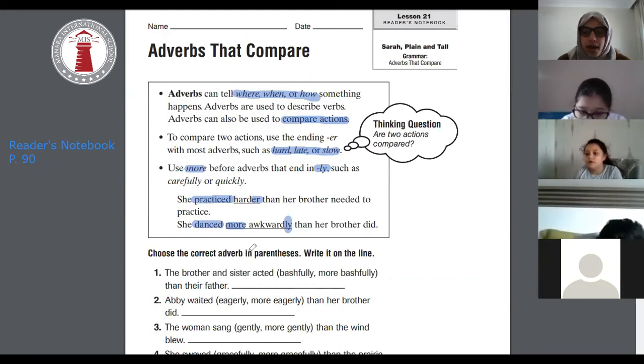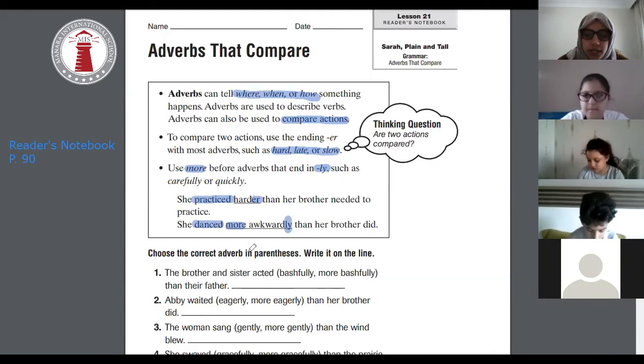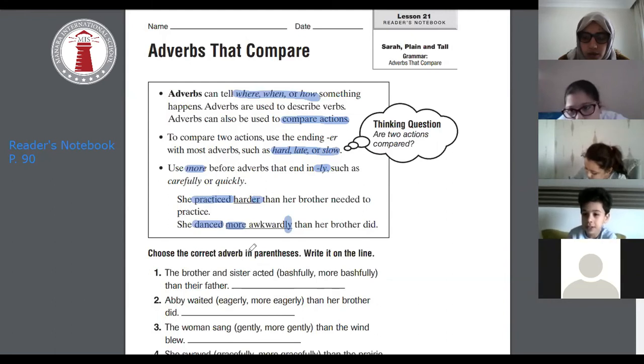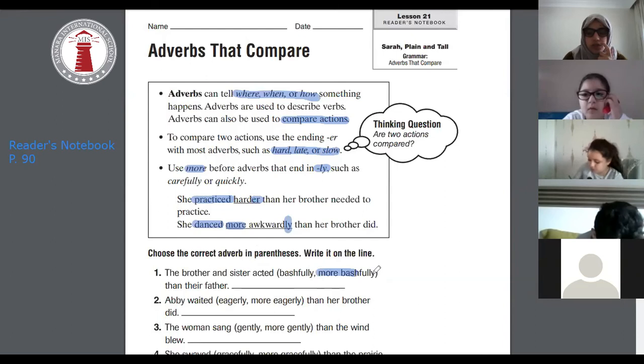We have ly at the end of the adverb. So bashfully or more bashfully? One of them has more. More bashfully. Yes, more bashfully. Good job, Fahad. So please circle the answer, and you also need to write it.